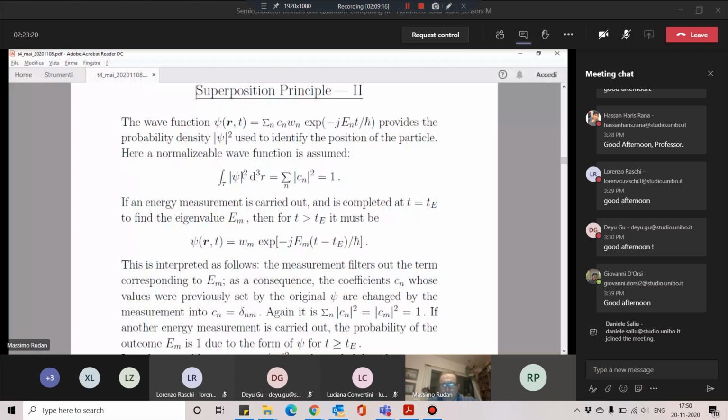When the measurement is completed, we have found one and only one value of energy, because we are measuring energy and we assume that we can measure it with arbitrarily large precision. Okay, so we have found one specific value of the energy.